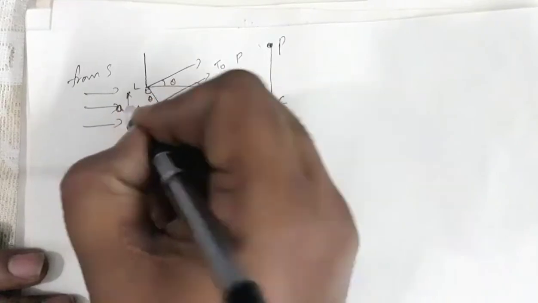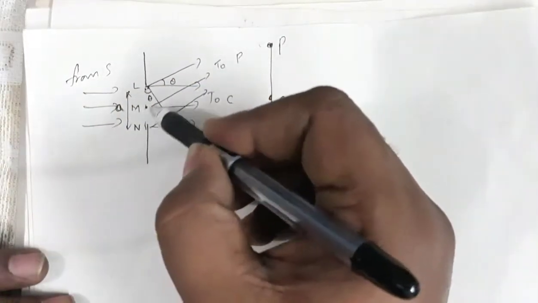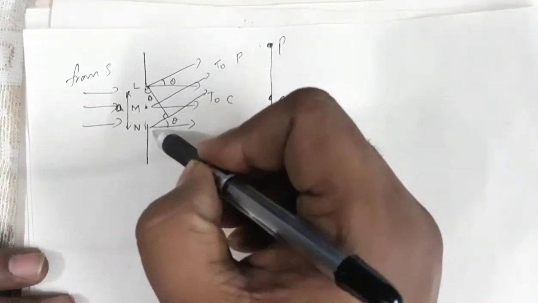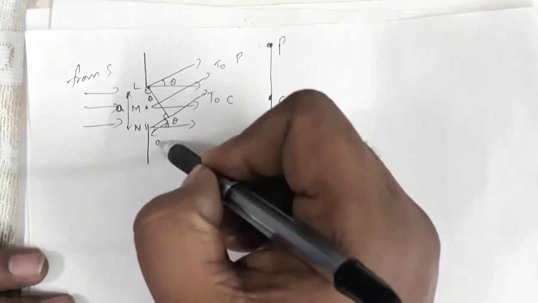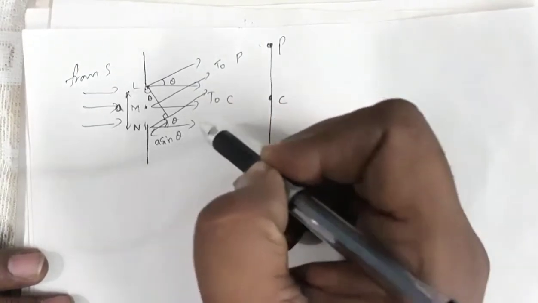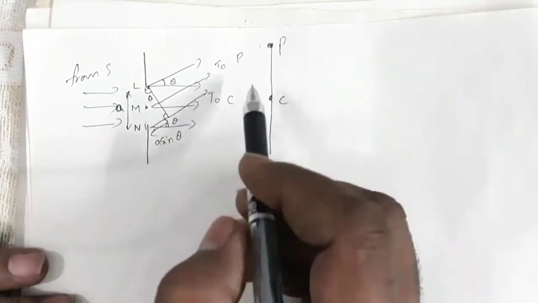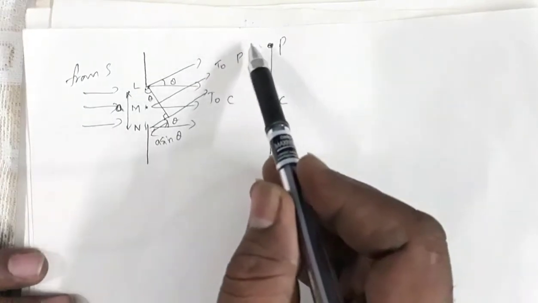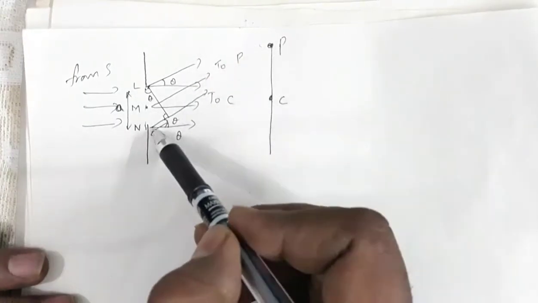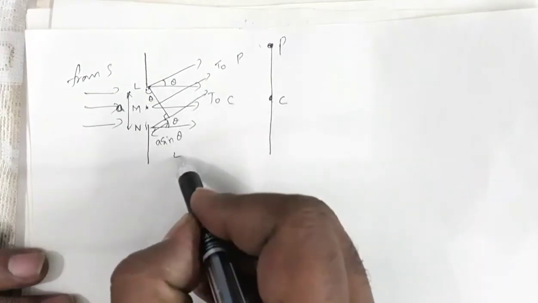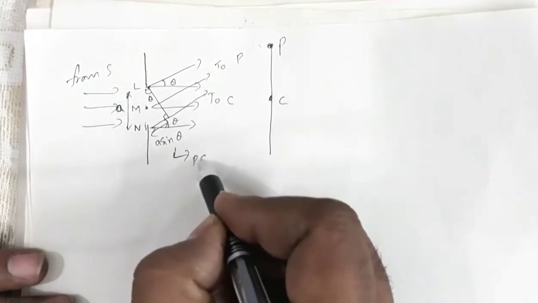If this is a and this is theta, this will be a cos theta, and this will be a sin theta. So for the light ray traveling from L to P and from N to P, this is the extra path difference. So a sin theta is the path difference.